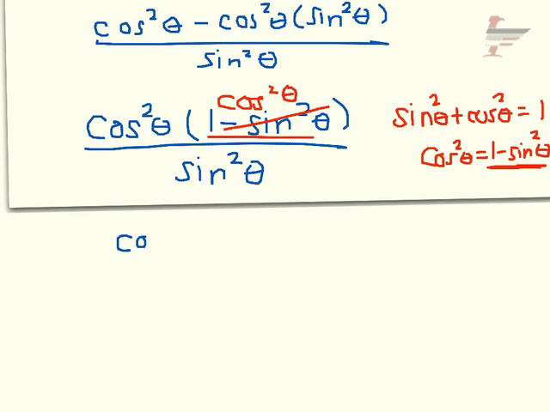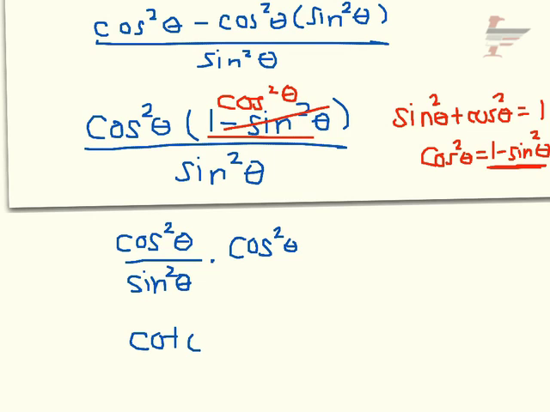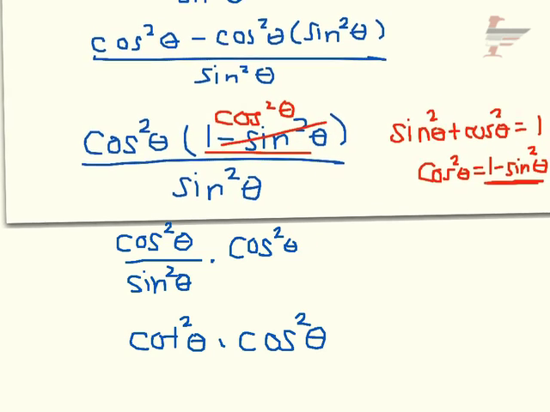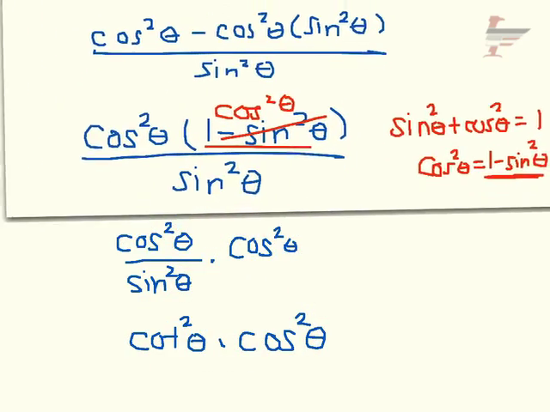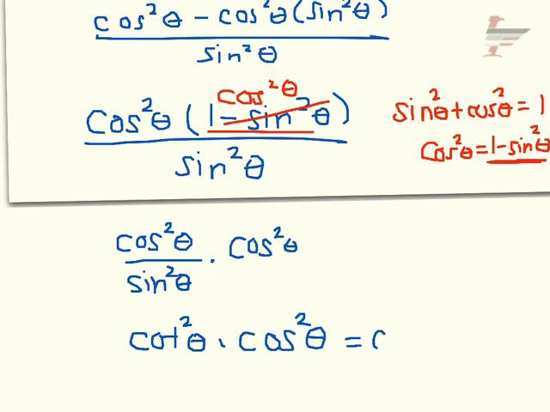Well, I have cosine squared theta over sine squared theta times cosine squared theta. And I know that cosine over sine is cotangent, so squared over squared would be cotangent squared, so I can make that a little bit better. And since you can't see it anymore, if I go back up to the top, I was trying to get to cotangent squared times cosine squared, and that is what I just got to. So this equals cotangent squared times cosine squared.